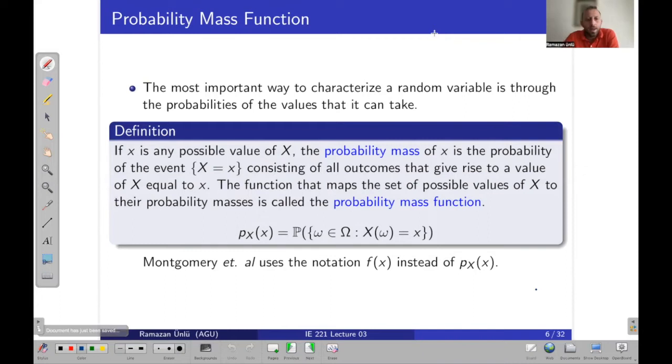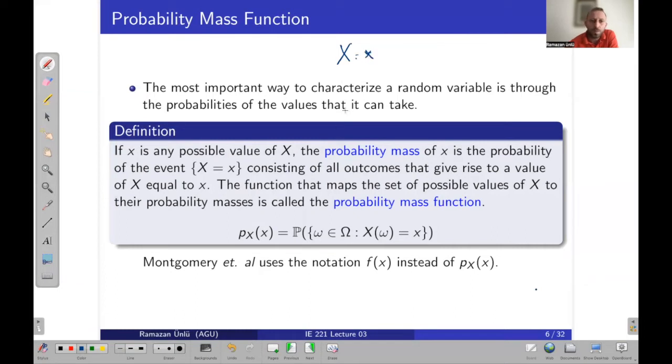The most important way to characterize a random variable is through the probabilities of the values that it can take. If you remember the previous lecture, we said that the random variable X can take some values.